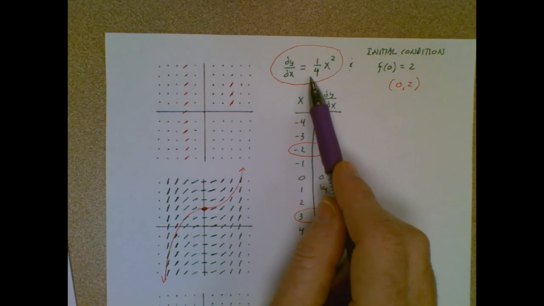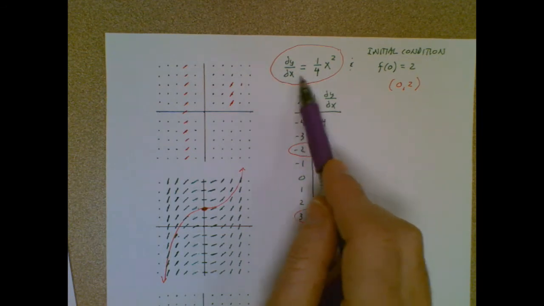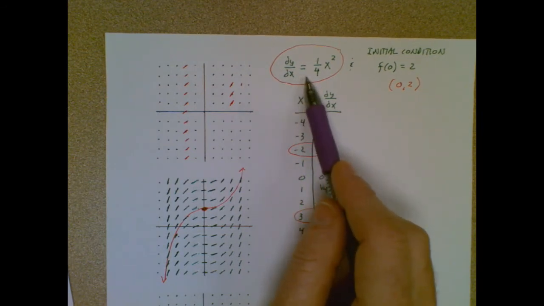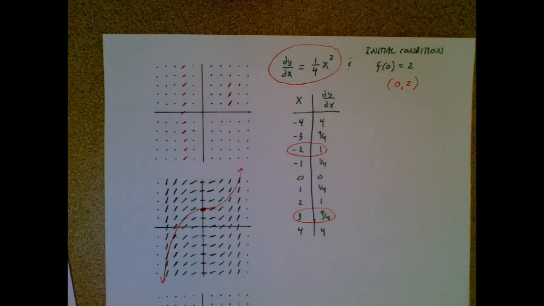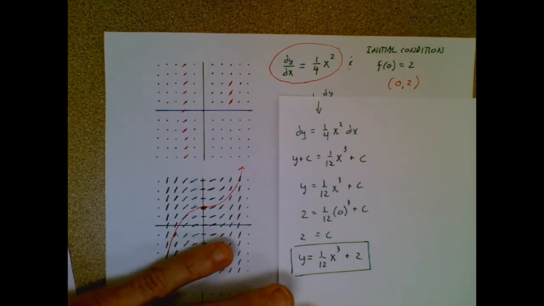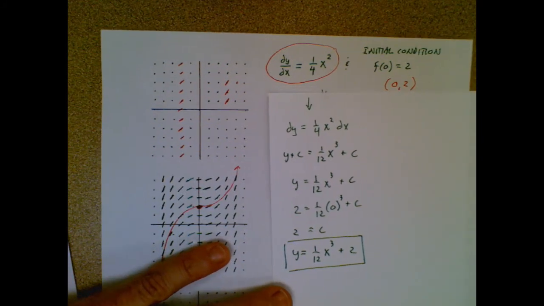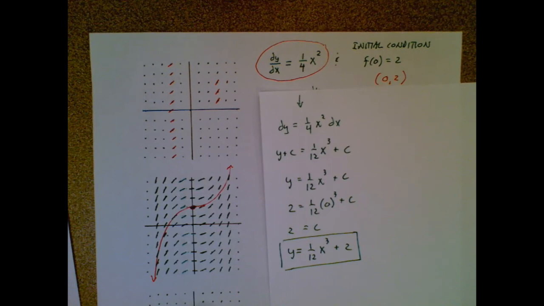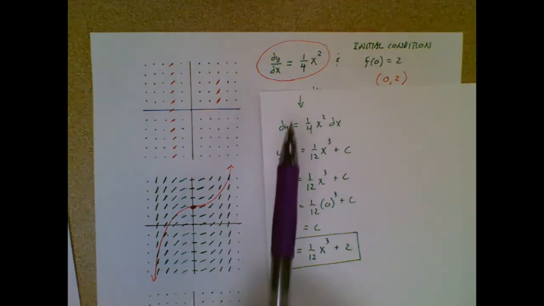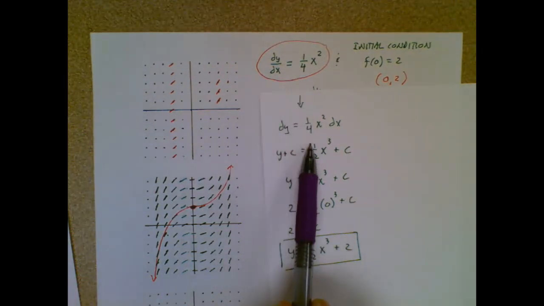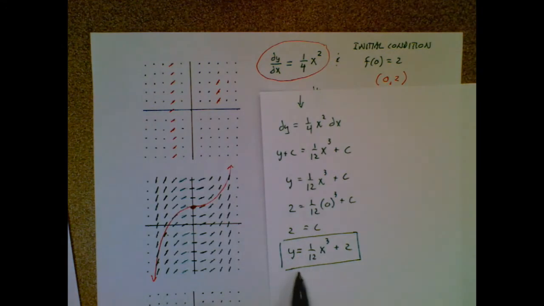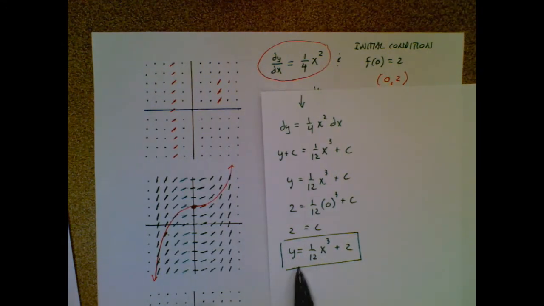If I take this differential equation, or first derivative, or slope formula, and this point, I can treat it exactly like a differential equation, and I can solve it. No need for me to over-explain the steps, but I've gone through separation of variables, solve for y, solve for c, and I get this graph, y equals 1/12 x cubed plus 2.